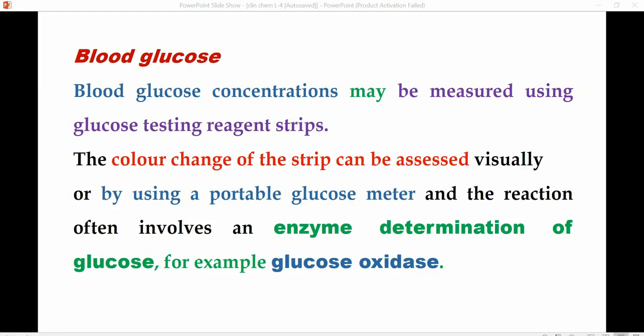In this measurement, the color change of the strip can be assessed visually or by using a portable glucose meter, to detect the change in plasma glucose level based on enzymatic activity, mainly glucose oxidase.